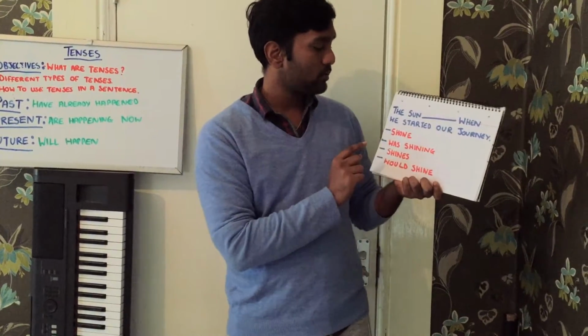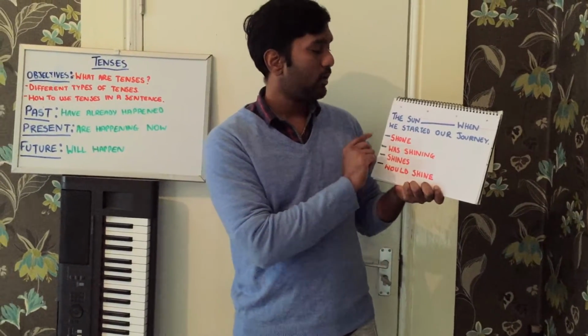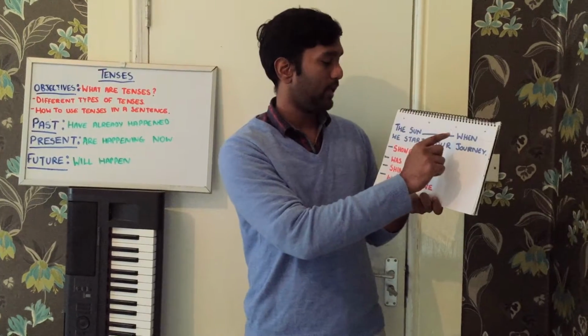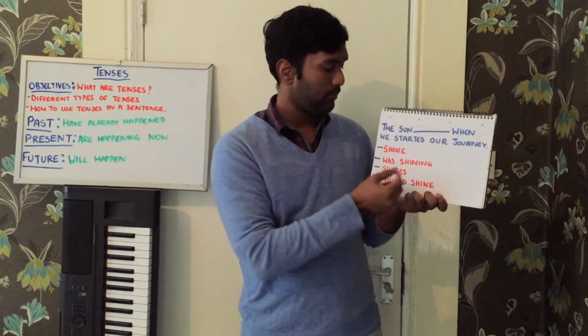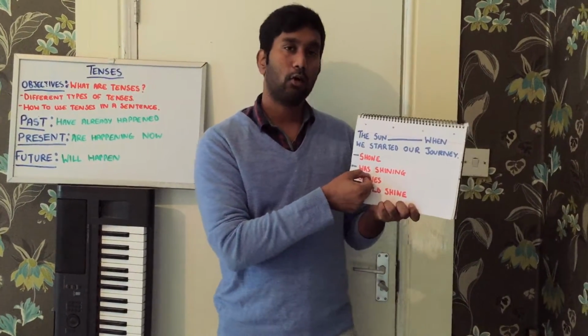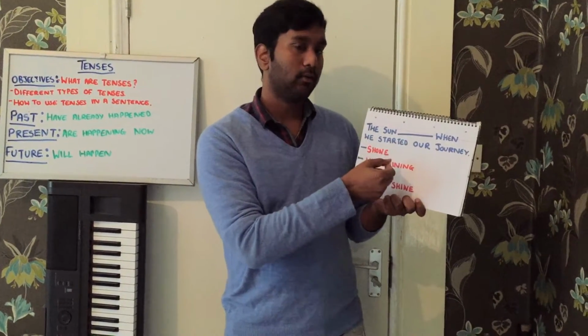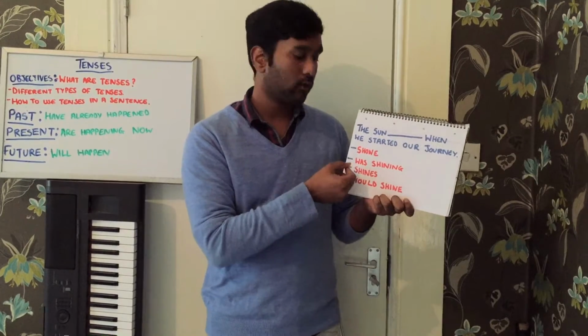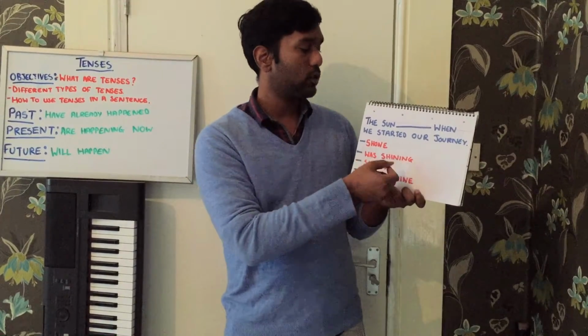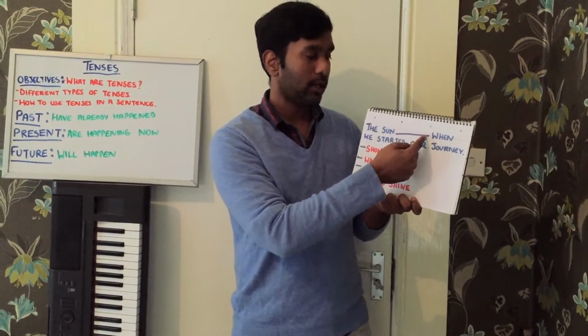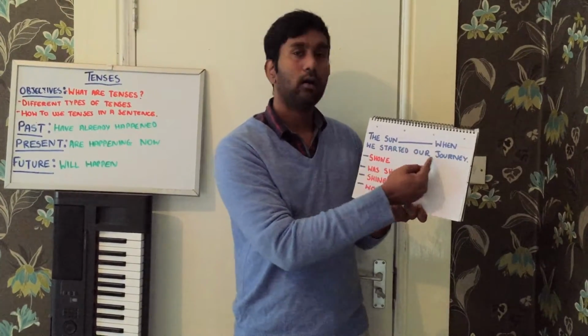So the perfect answer for this would be the sun was shining when we started our journey, because was has already happened and started has already happened. So the sun was shining when we started our journey.